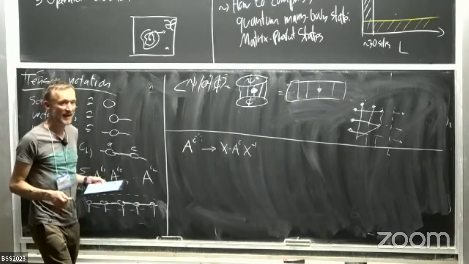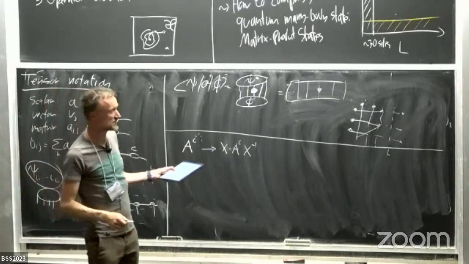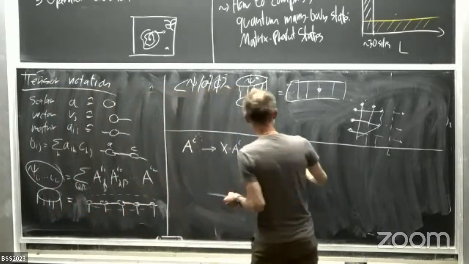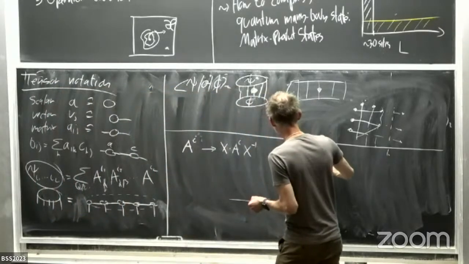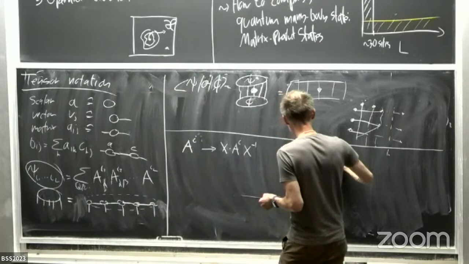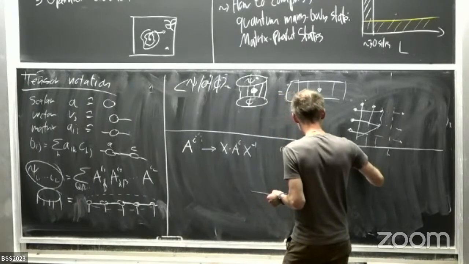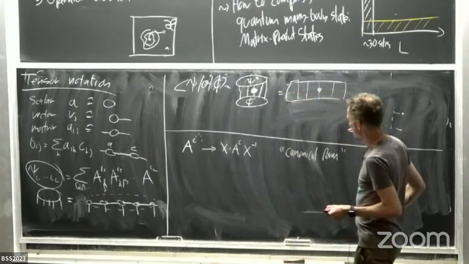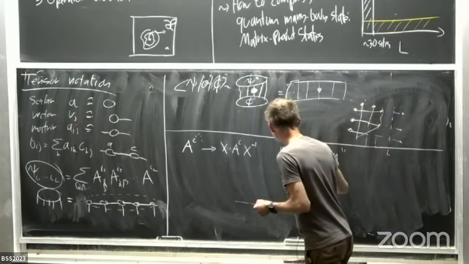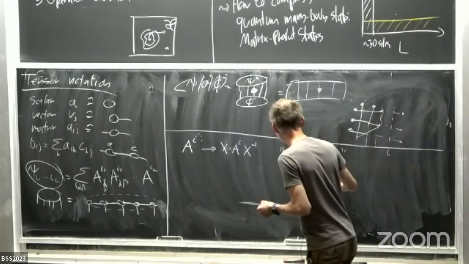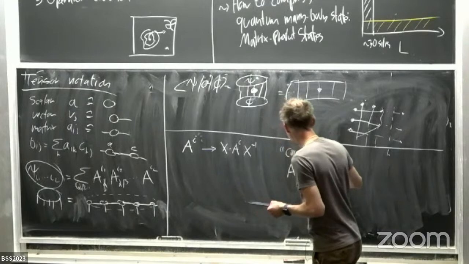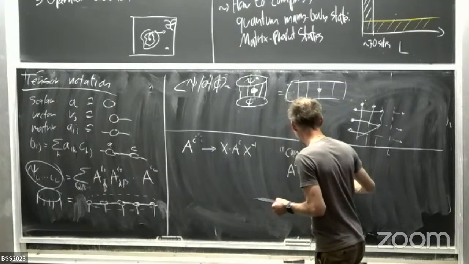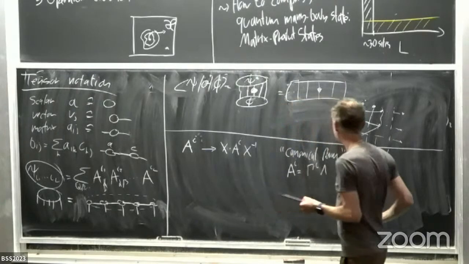Now I want to pick a gauge, and this is known by the name of canonical form. The canonical form does the following. I'm choosing my matrices in such a way that I write each matrix A^i in terms of a matrix Gamma^i times Lambda.